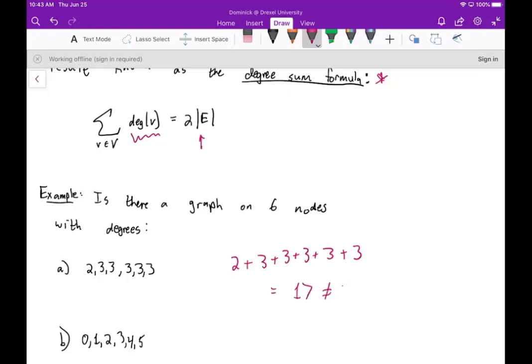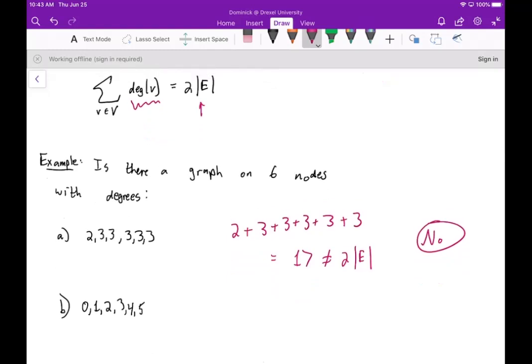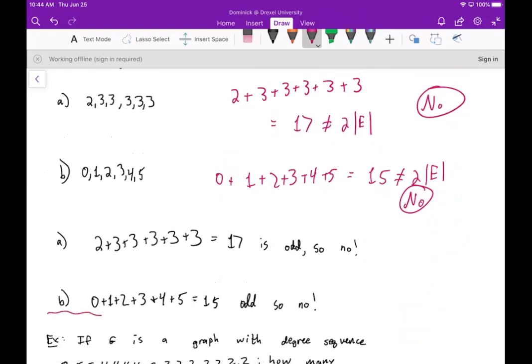And of course, this cannot equal 2 times the number of edges, so the answer here, of course, is no. And then for part B, it's similar. If we add these together, I believe here we'll get a 15, which again is also odd, and it can't equal 2 times the number of edges, so this is also no. Right, okay, and then it's worked out here as well.